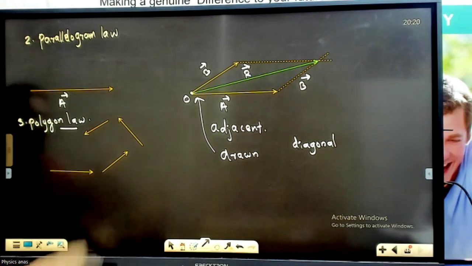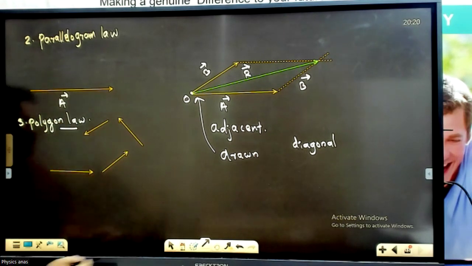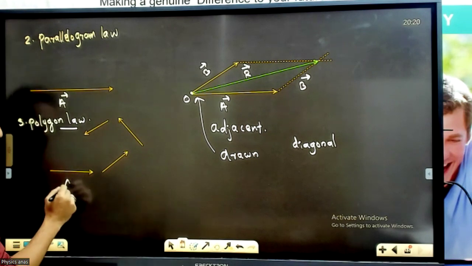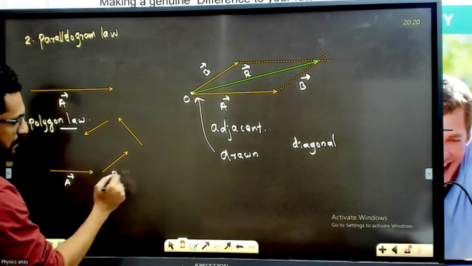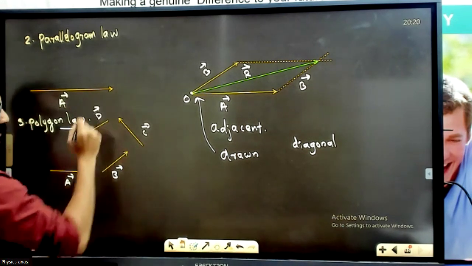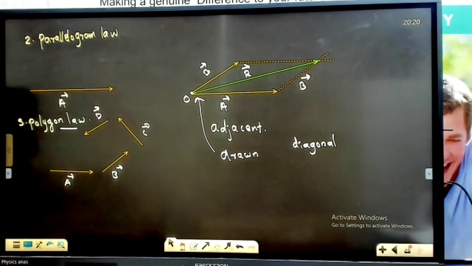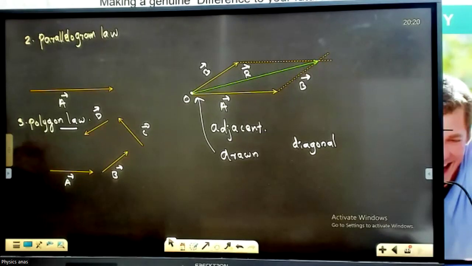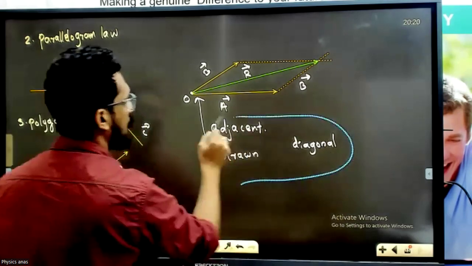If you have 4 vectors like this, this is vector A, this is vector B, this is vector C, this is vector D, you can build a polygon from this.